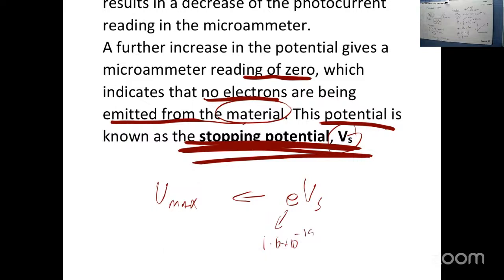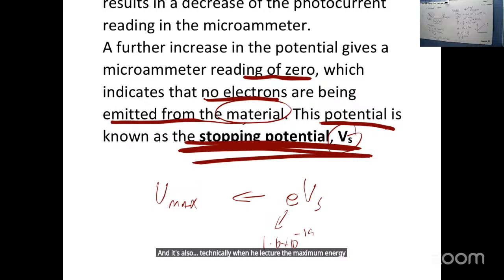So what does stopping potential say again? The stopping potential is the value of the potential when the current reading is 0. It's also technically when the electrons are at the maximum energy.